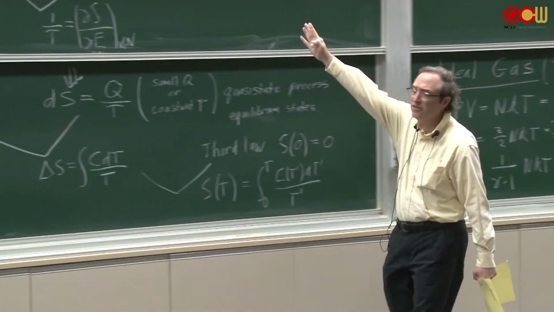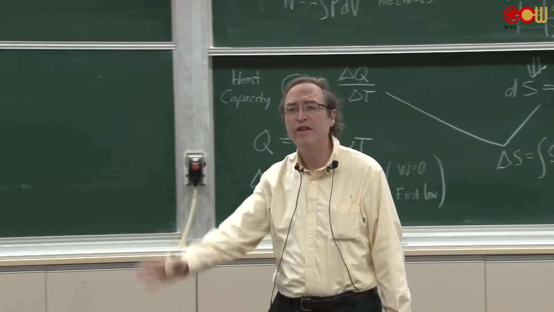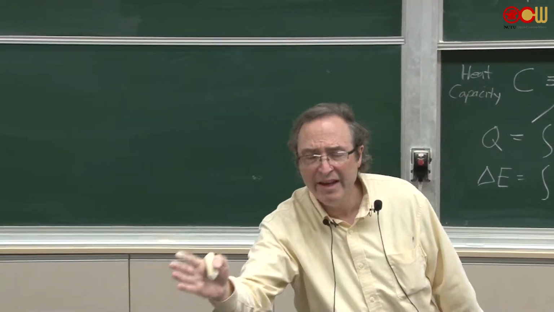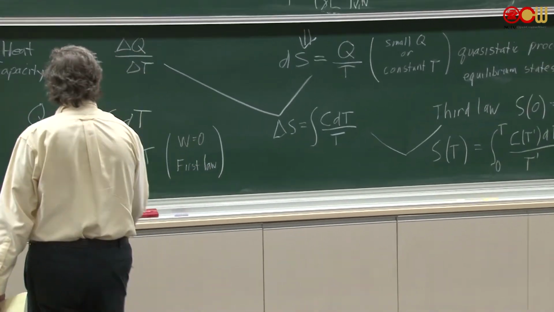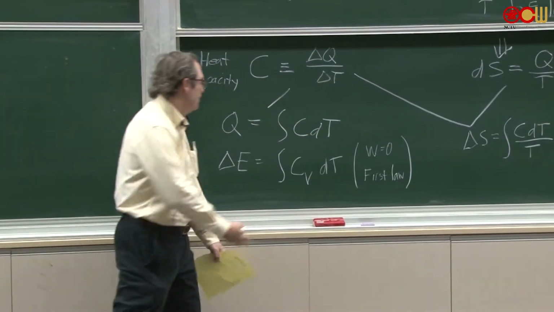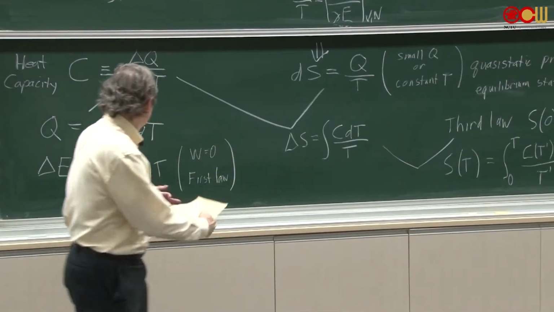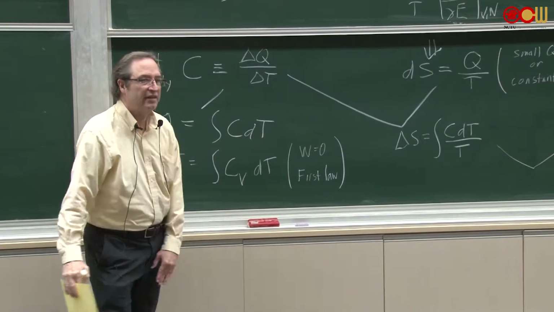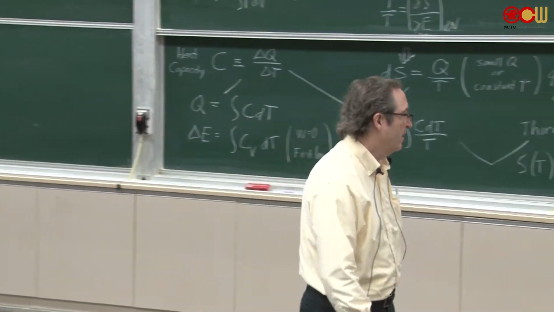All of this has to do with equilibrium. Only if the system goes from one equilibrium state to another does it make sense to even do these integrals. Because otherwise, if you don't go from one equilibrium state to another, these things aren't well defined. So it's only for equilibrium states.